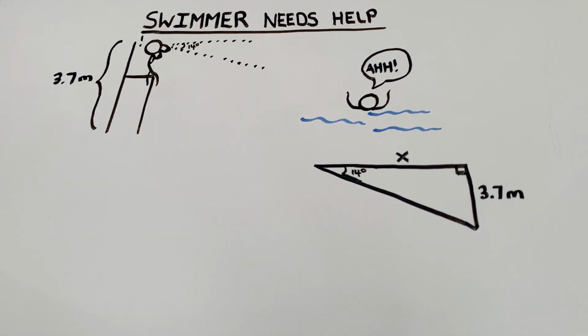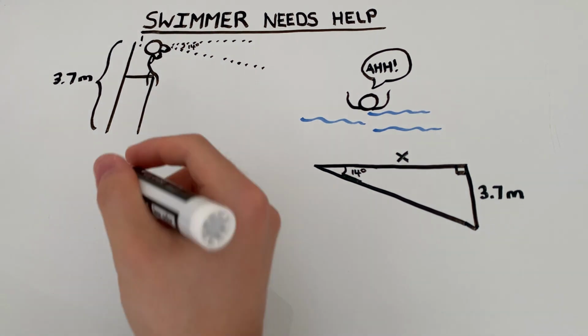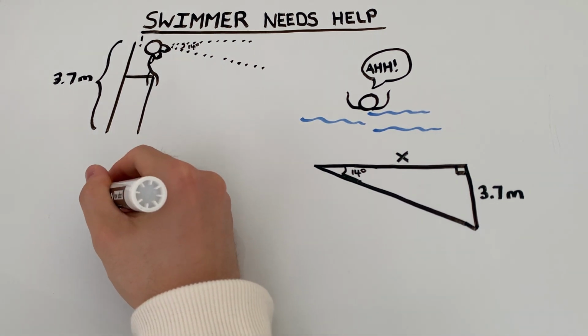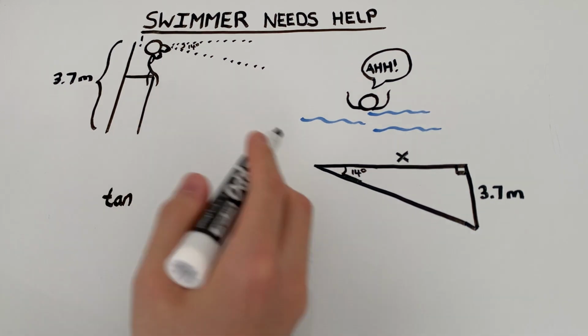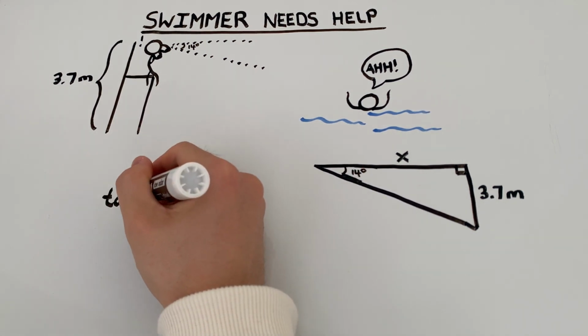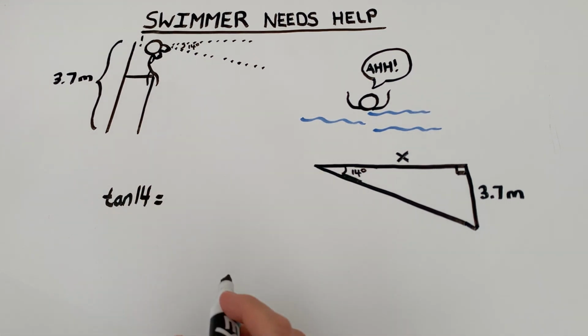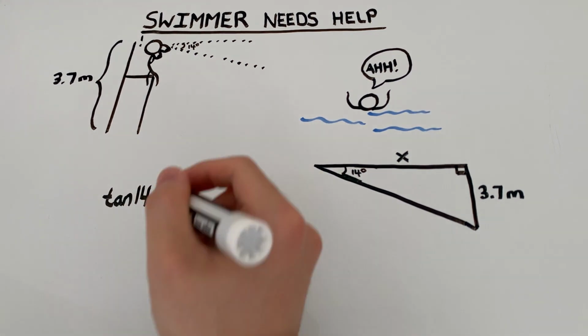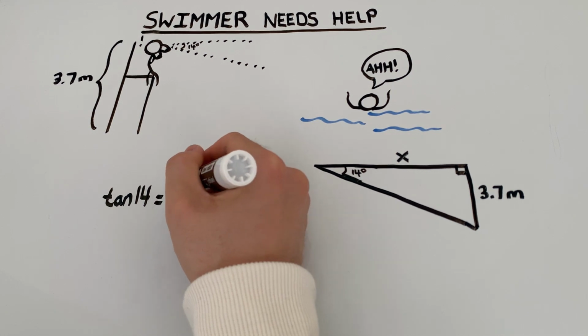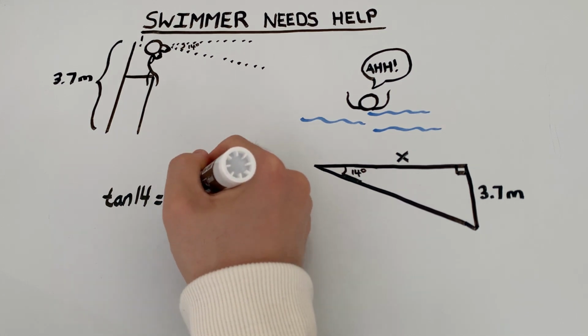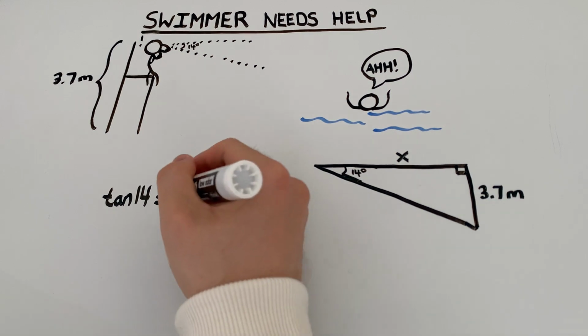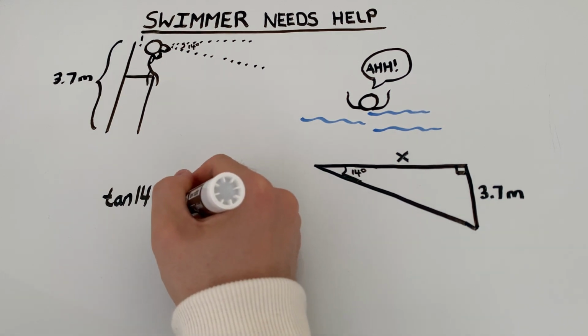Well, that would be tangent once again. So let's just write that out. The tangent of this angle, 14, is equal to its opposite side, which is 3.7, over its adjacent side, which is x.